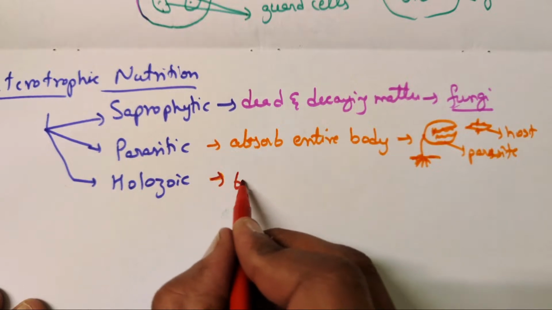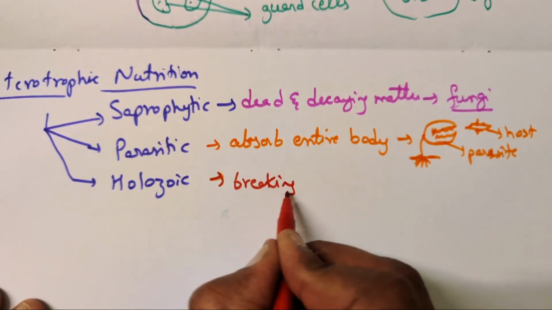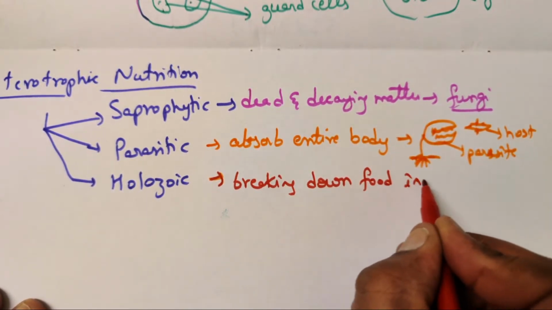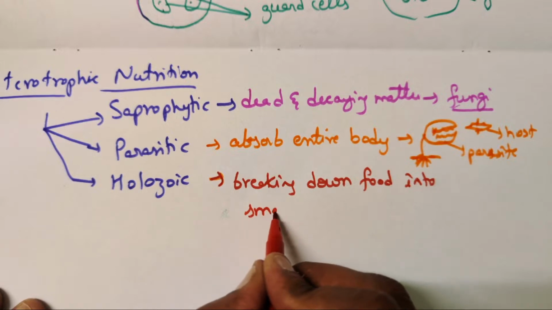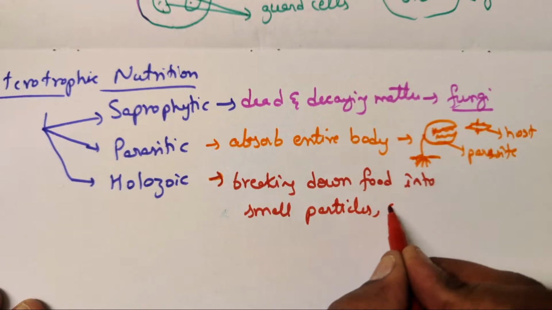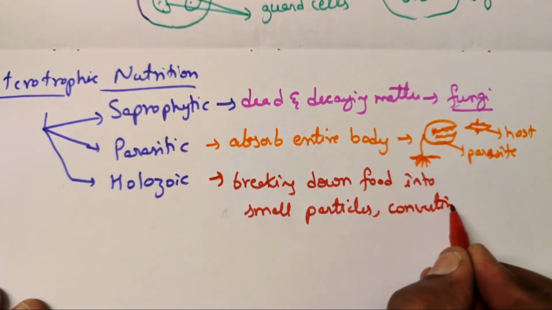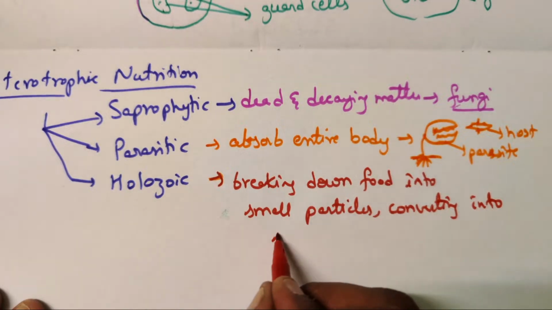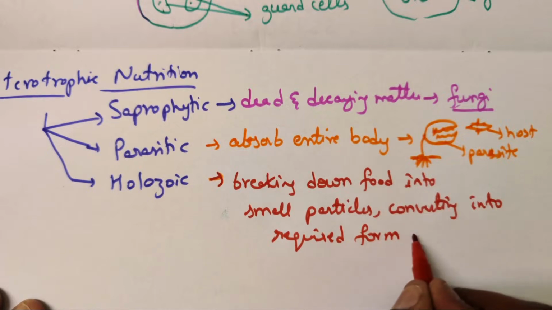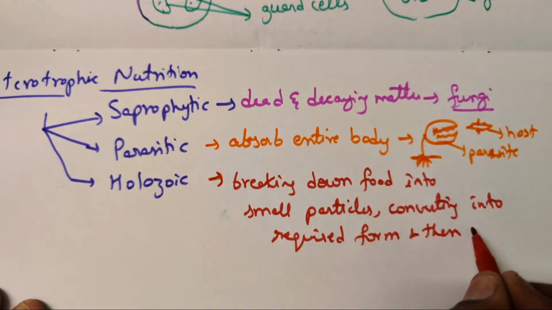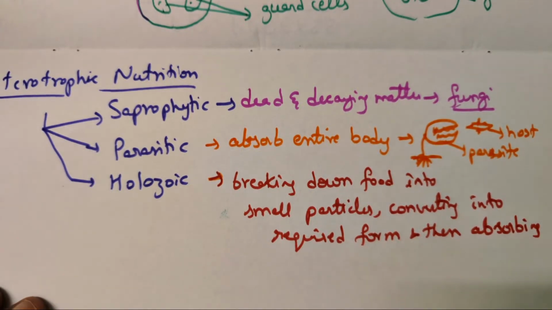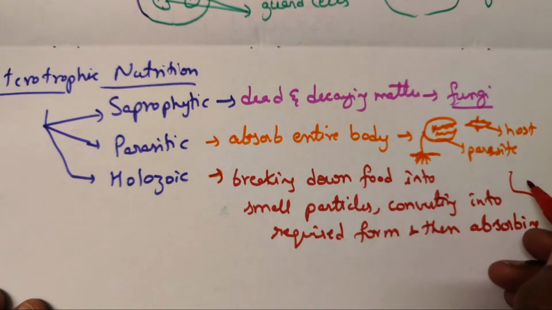We are breaking down food into small particles, converting it into the required form, and then we are absorbing it. So in this way the example is the human body.